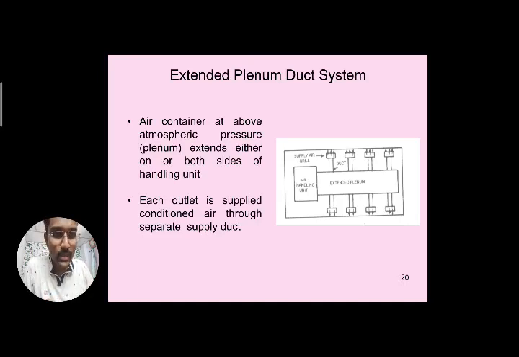Each outlet is supplied conditioned air through a separate supply duct. Different supply ducts are connected to the extended plenum, and each outlet is connected to a separate duct provided at each side of the extended plenum. So this is regarding the third type of duct based on the arrangements.